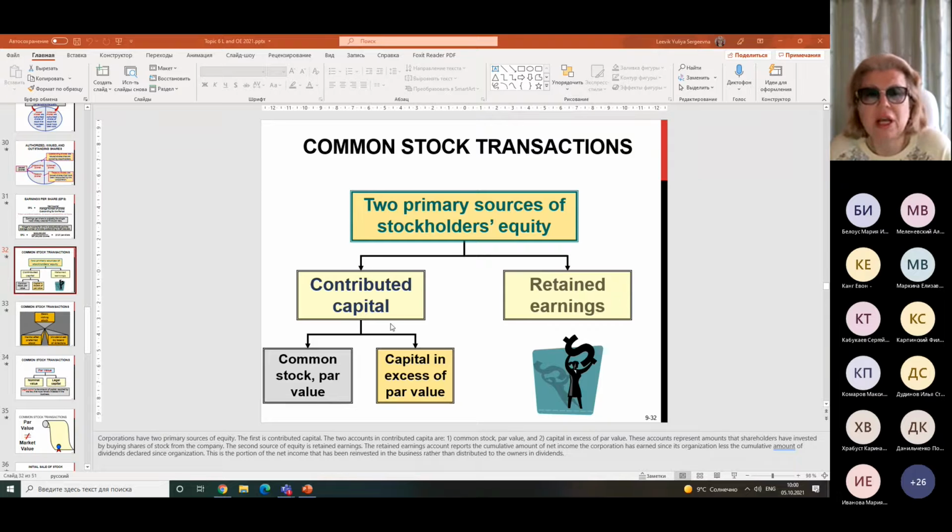Contributed capital contains two components as well: common stock or share capital with the par value or nominal value, and capital in excess of par value, which we always call additional paid-in capital. And as a result, we normally have at least three items: common stock or ordinary shares, capital in excess or additional paid-in capital, and retained earnings.